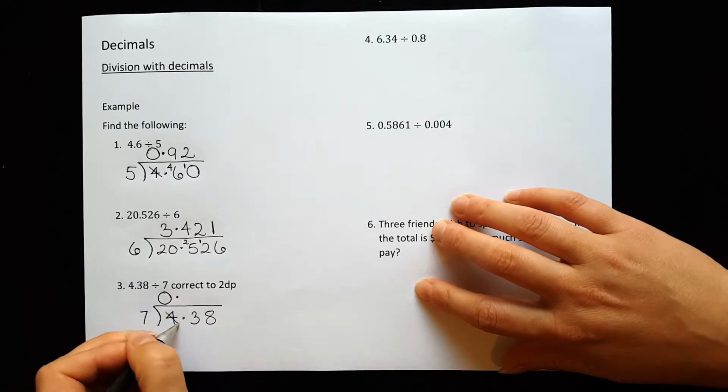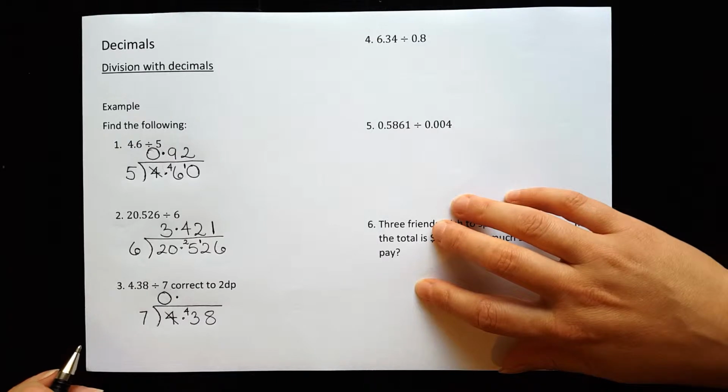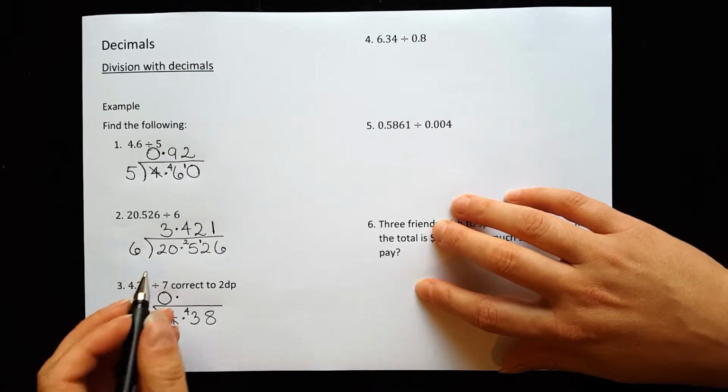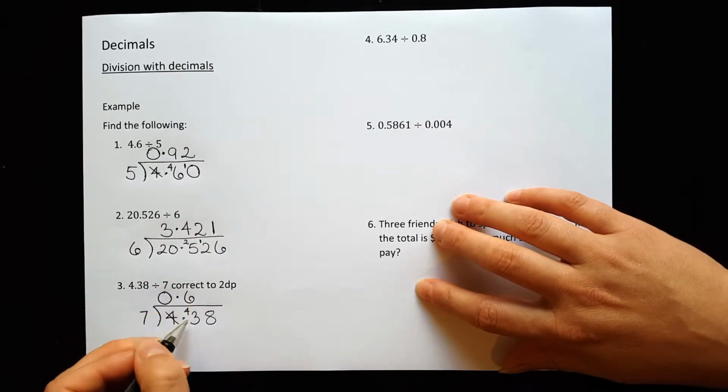The 4 from here is going to have to carry up to go in front of the 3. So I now have 43 divided by 7. Okay, knowing your 7 times tables, 7 times 6 is 42. Okay, as close as I'm going to get to that. 42 means that I would have a remainder of 1.